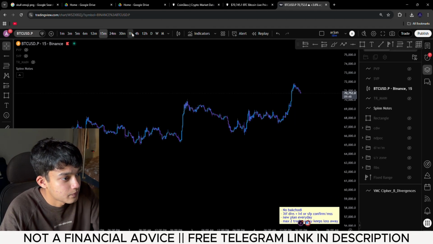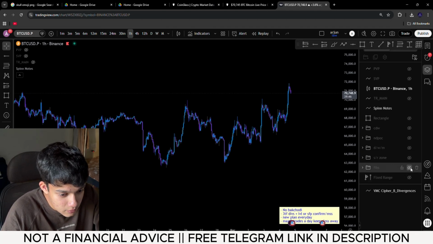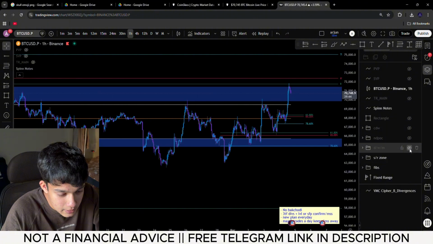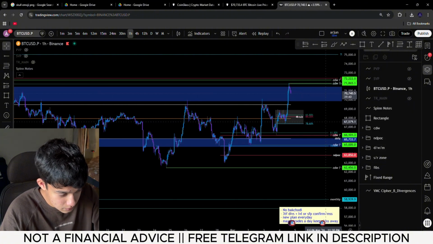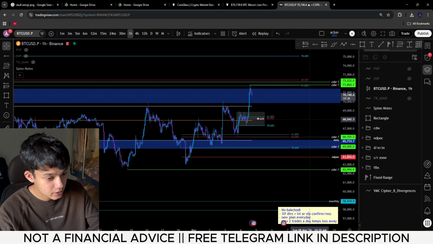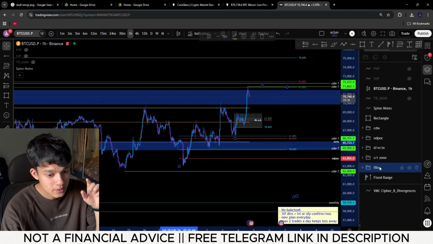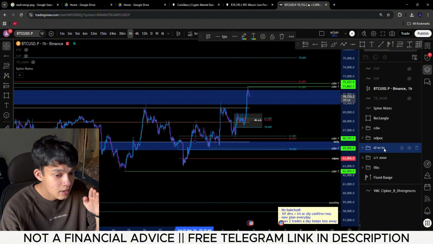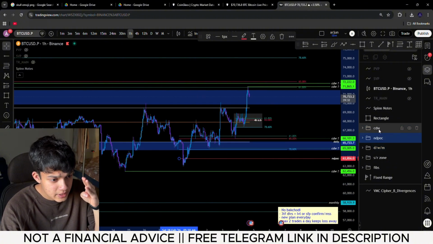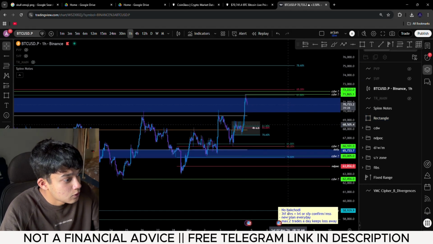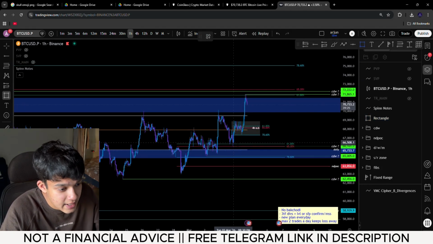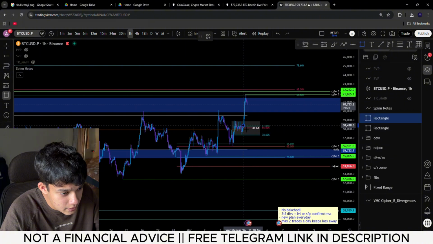analysis for today. I have already marked out all my levels and key things that I look for. You can see over here I've marked all my fibs, support resistance zones, daily, weekly, then naked daily points of control, then SFP levels, and then some order blocks. Looking at the chart, I can see that there is a level over here.